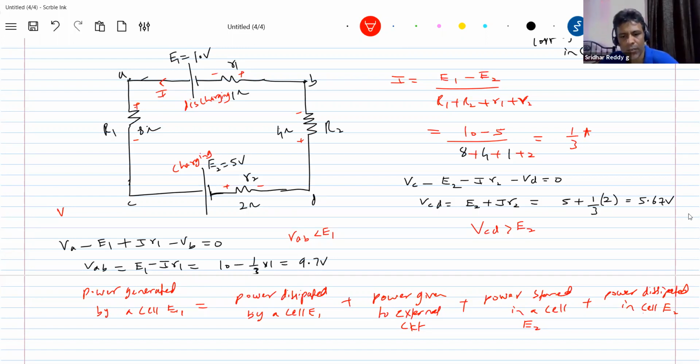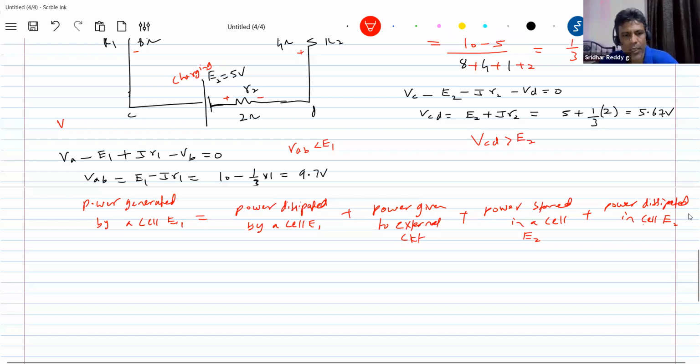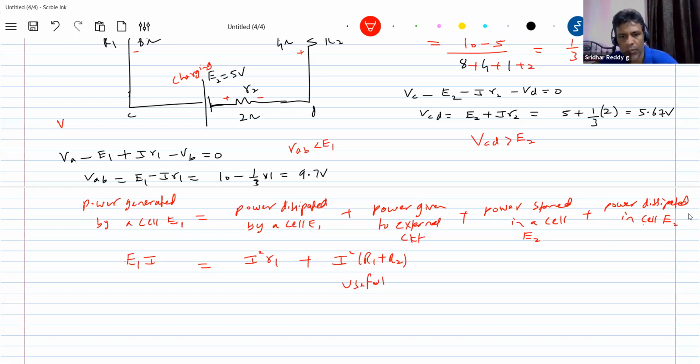So if you check all, what is the equation? This should be E1I, power generated by the cell. This should be I square R1. External, this will be useful power. I'll use this for lighting the room, for boiling water. This will be power stored, E2 into I. What about this?